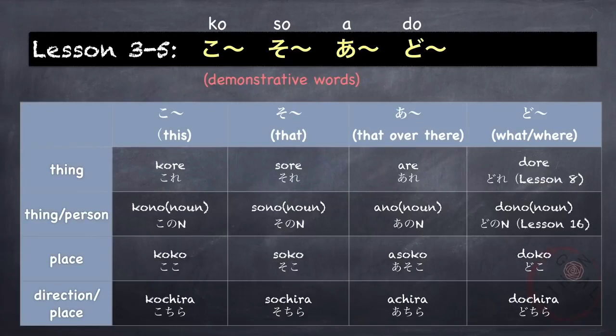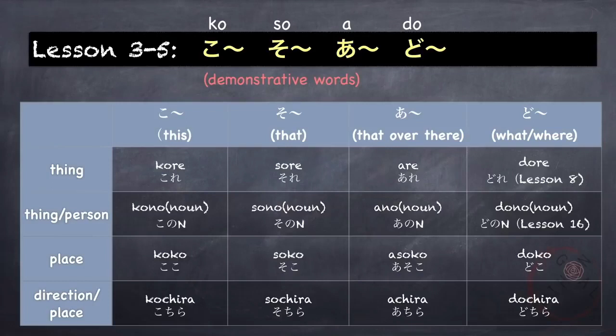That thing or person, sono noun, sono enpitsu, sono hito, that place, soko, or that way or that direction, sochira. And for the a, or that over there column, that thing over there, are, or that thing or person over there. For example, ano hito, ano kaban, ano hon, ano kamera.